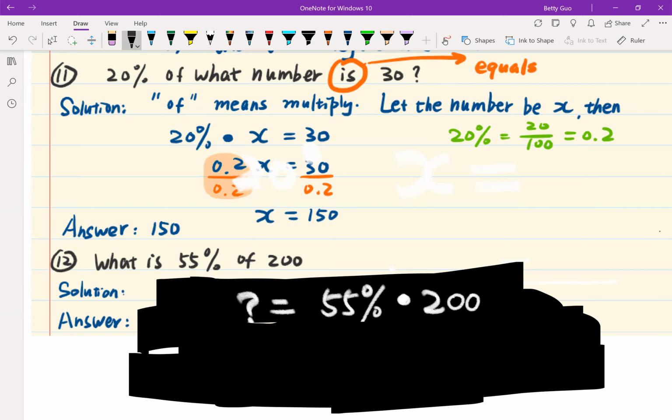55%, sorry, 55%. Can you convert 55% to decimal? What is it? 0.55. Perfect. Use your calculator.